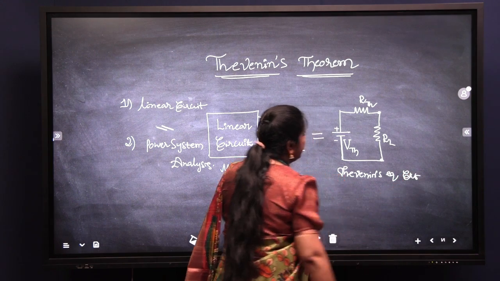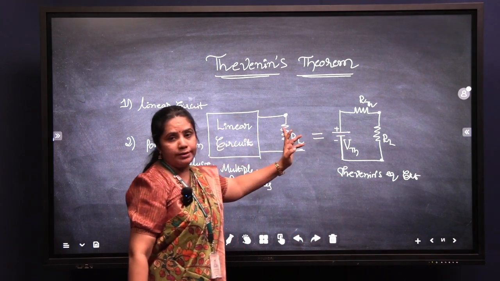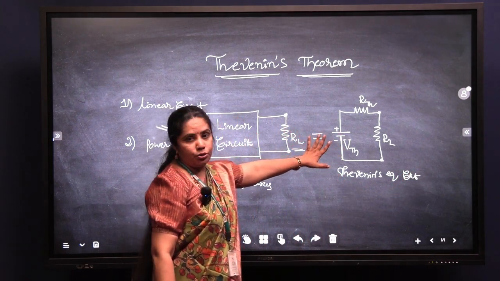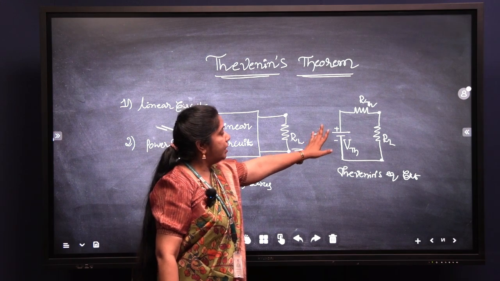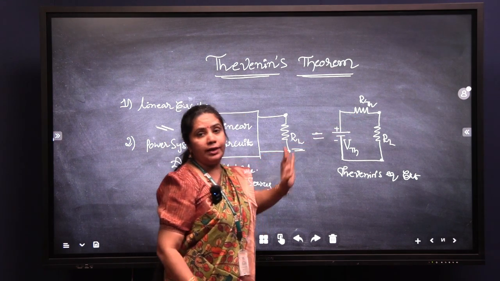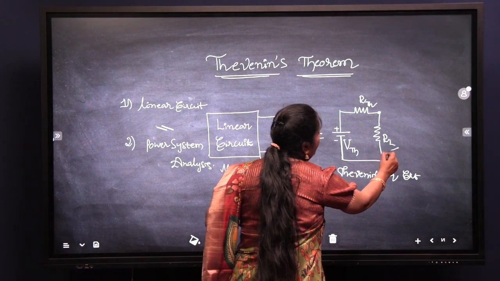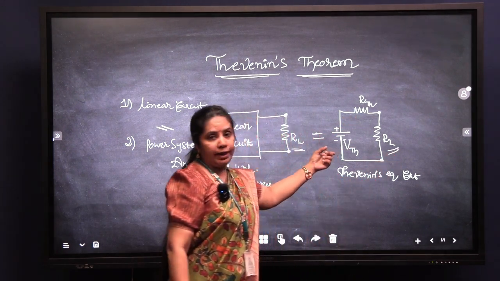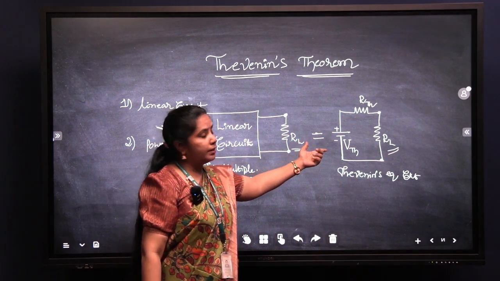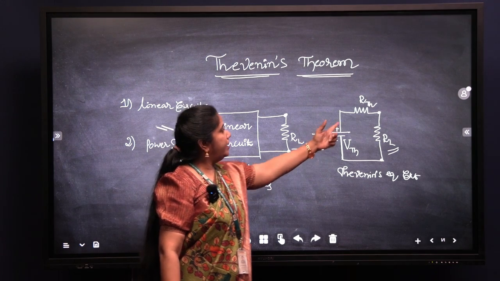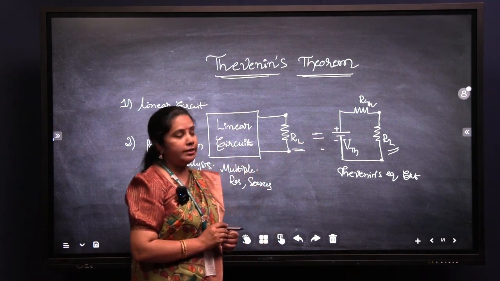So what does the Thevenin equivalent circuit consist of? A simple, single voltage source in series with the Thevenin's resistance, connected across the load resistance. Here VTH is the Thevenin's voltage and RTH is the Thevenin's resistance.